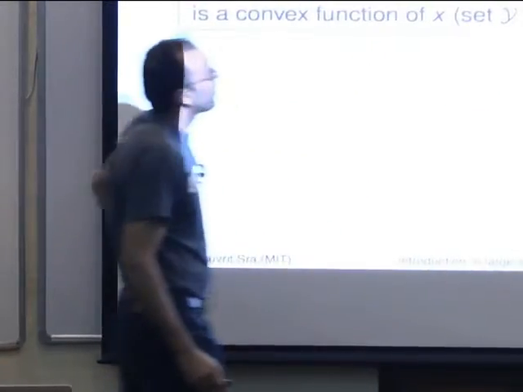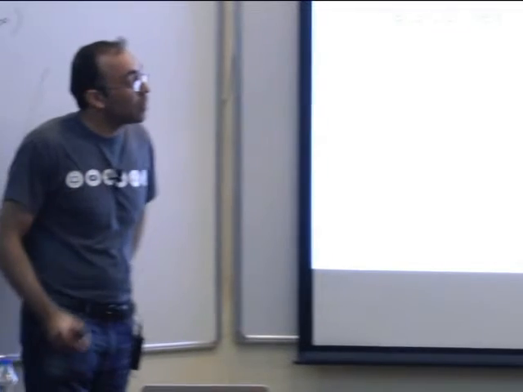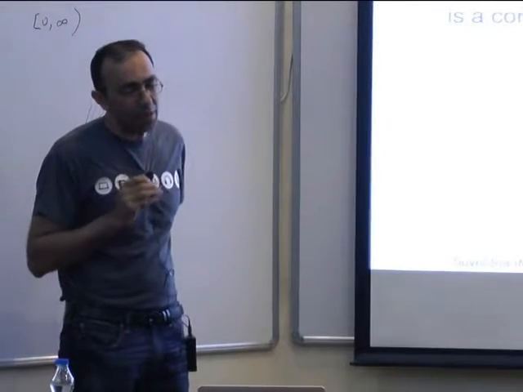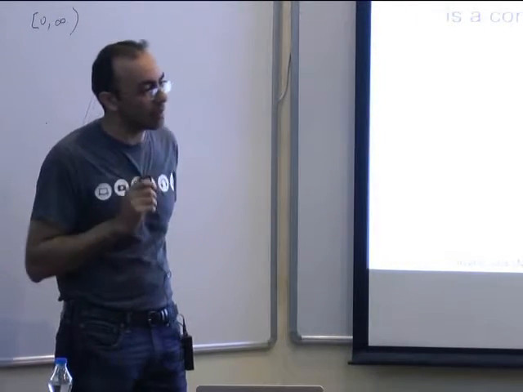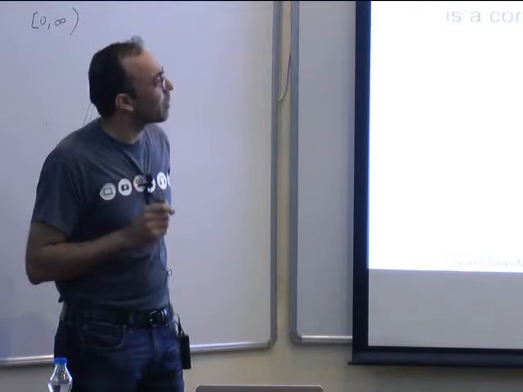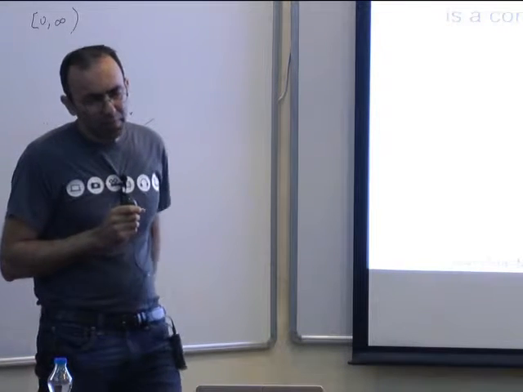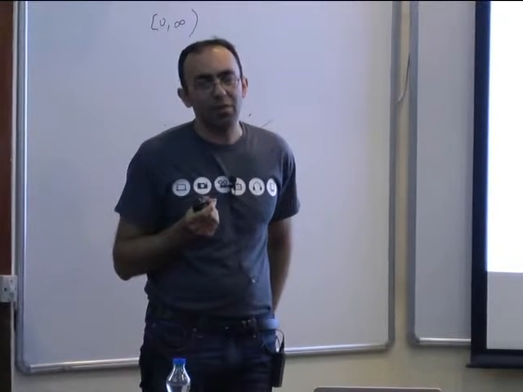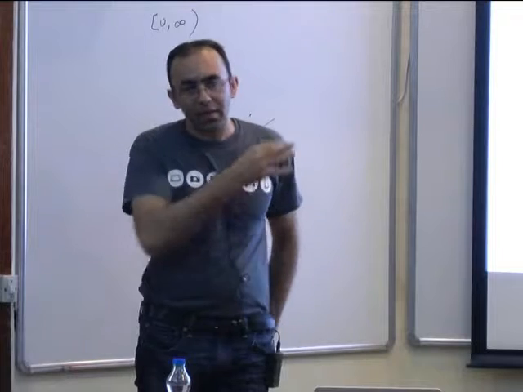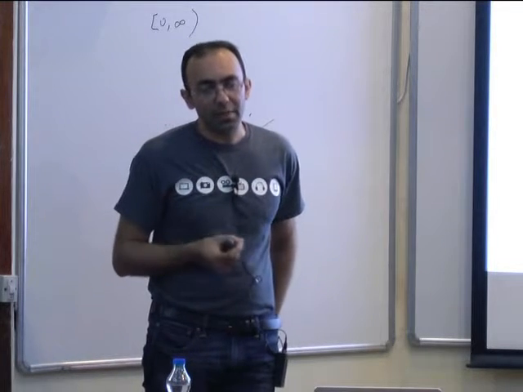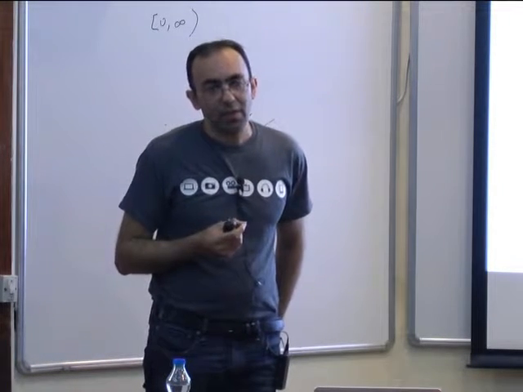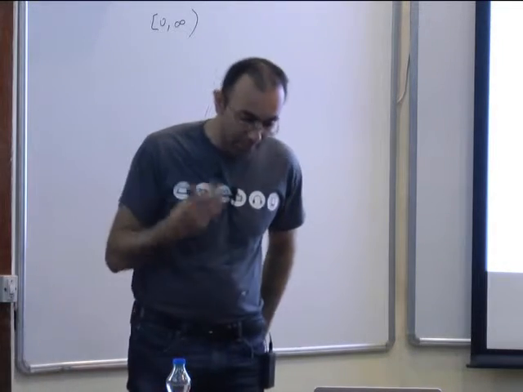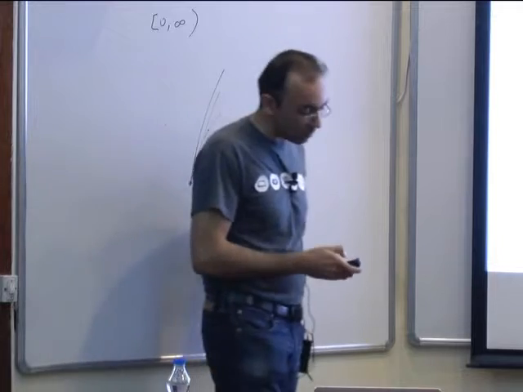is if you have a function f which for each fixed value of y, so f is a function of two variables. I'll show you an example of this soon enough. If f is a function of two variables, for each fixed value of y as a function of the remaining variable x, it is convex. Then you take the maximum over all possible choices of y, then that function remains convex.